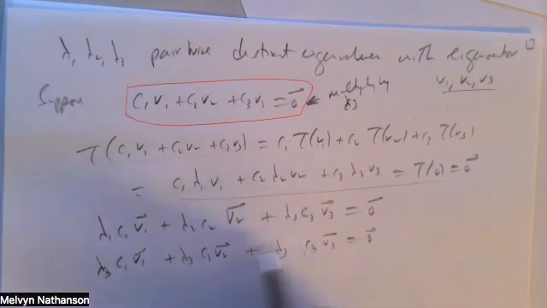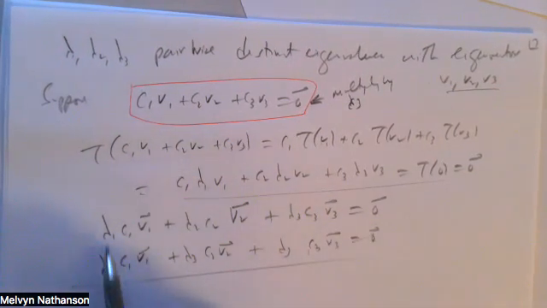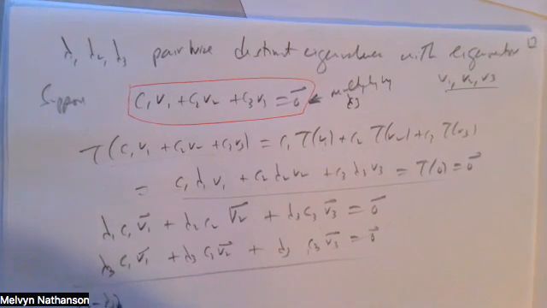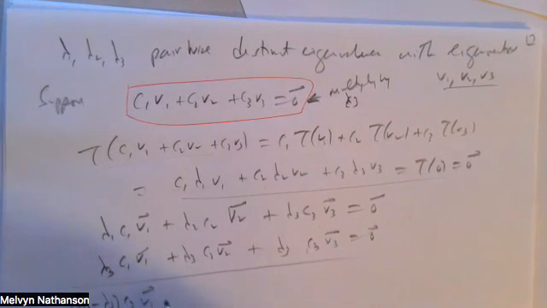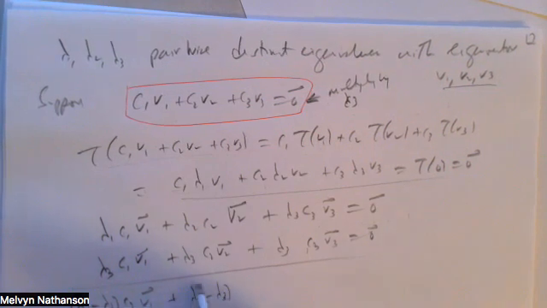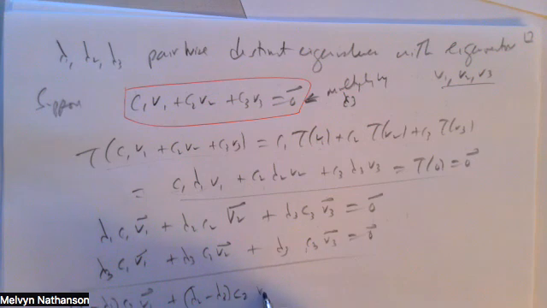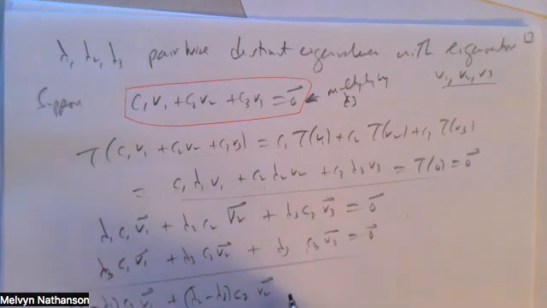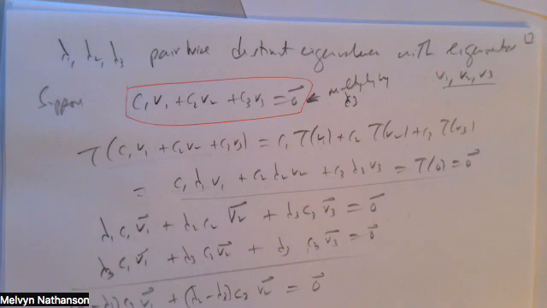These two terms are the same. If I subtract, I get (lambda 1 minus lambda 3) C1 V1 plus (lambda 2 minus lambda 3) C2 V2, and this minus this is 0.